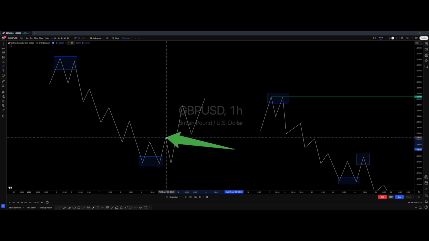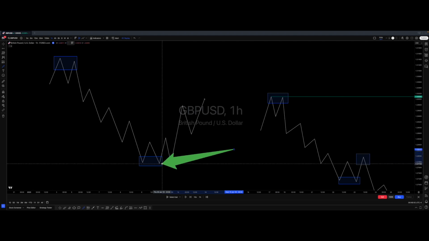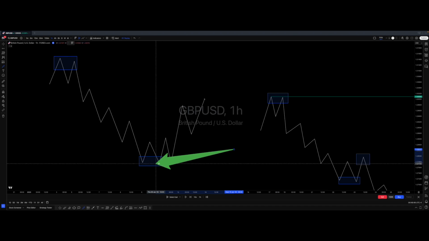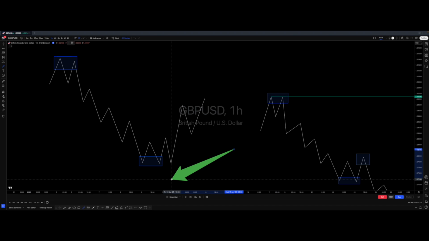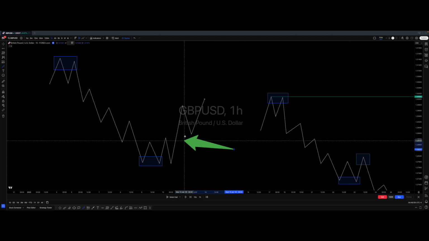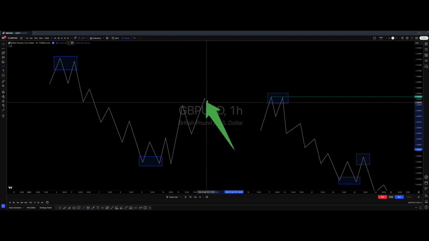So price comes back down again to retest the low. When they come back down to retest the low, it triggers more sell orders to start popping off, which obviously they take the other side of, which is the buy order. That gives them the orders that they need in order to start making the original move that they intended.